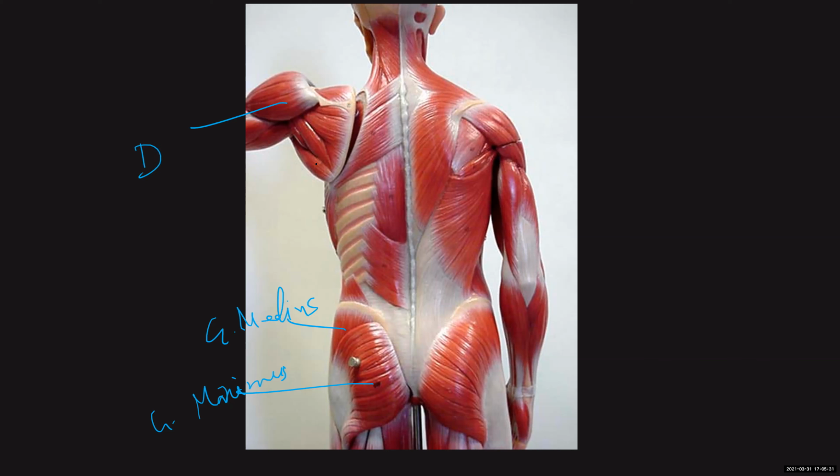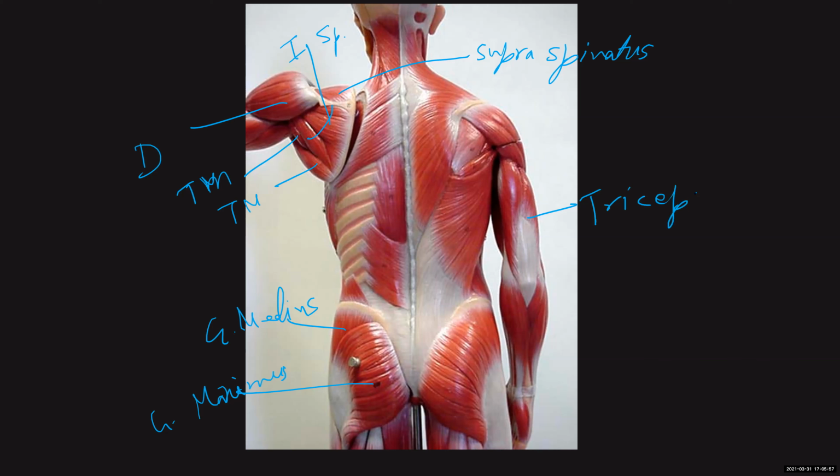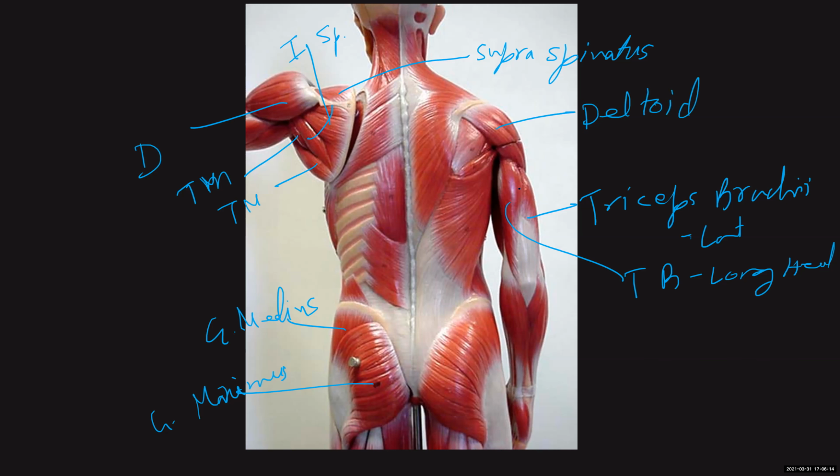You can see the deltoid, teres major, teres minor, infraspinatus, supraspinatus, triceps brachii, lateral head, triceps brachii, long head, deltoid, latissimus dorsi, trapezius, rhomboids major, rhomboids minor, levator scapulae, serratus posterior.